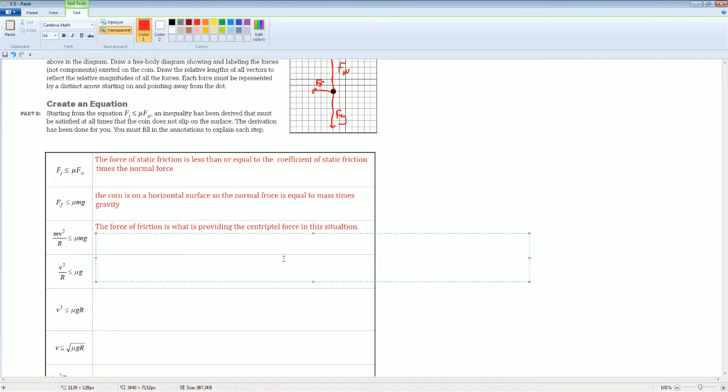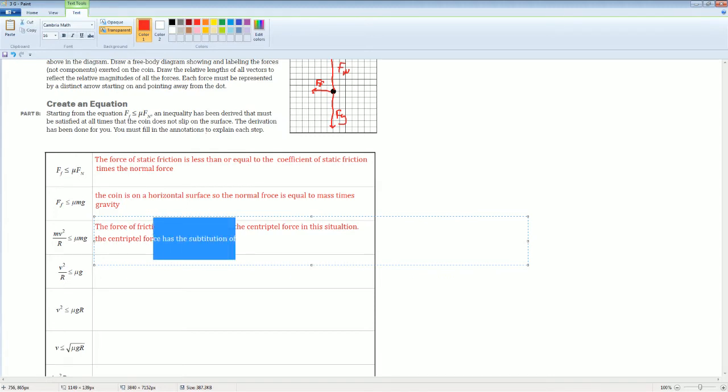So the centripetal force replaces, or substitutes in for, the force of friction.